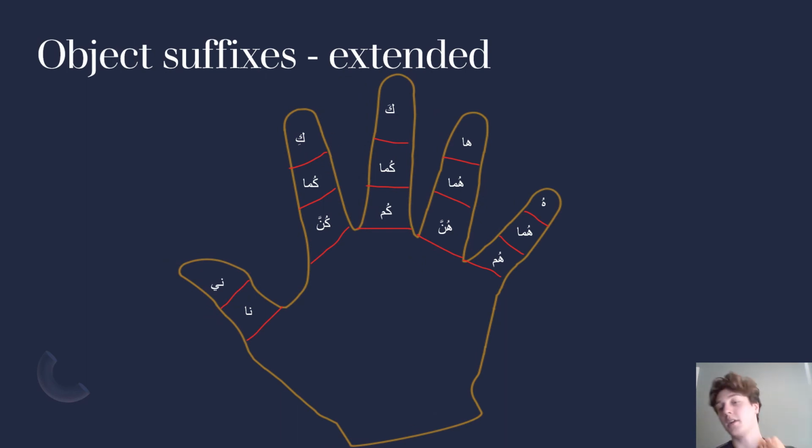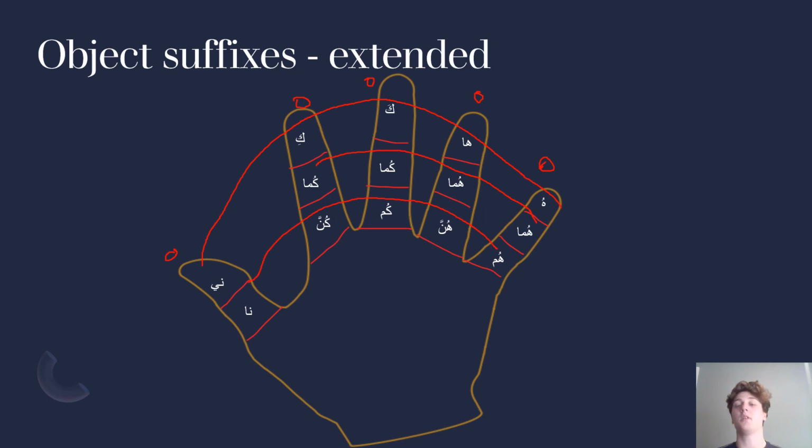Now we're going to look at the object suffixes in the same format. Remember, third person masculine here, third person feminine, second person masculine, second person feminine, and first person. And the top represents the singular, the middle represents the dual, and the bottom rung represents the plural.